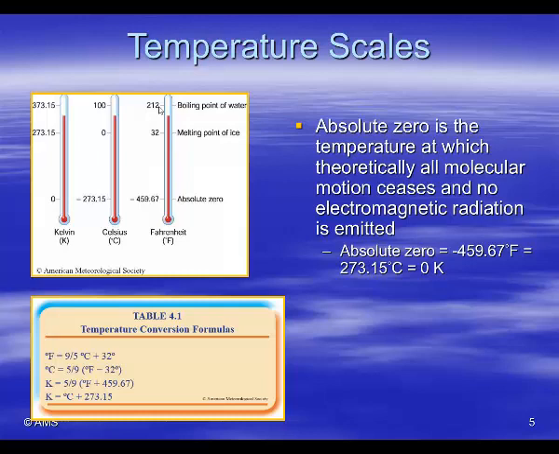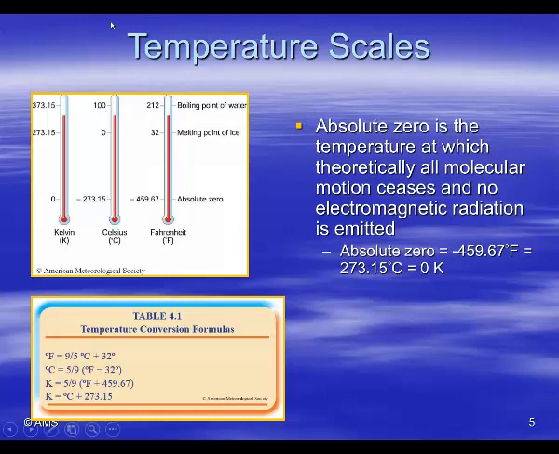The absolute, or the Kelvin scale, where we have absolute 0, is based on what happens if all molecular motion was to stop. So if the kinetic energy was 0. In table 4.1 we see the conversion.